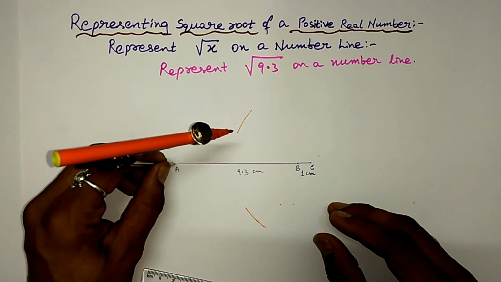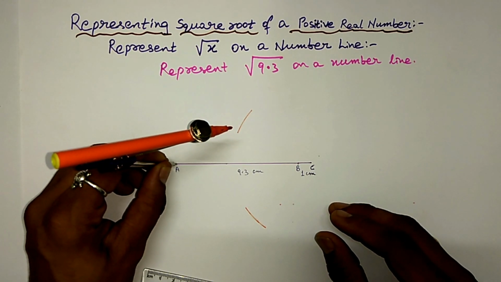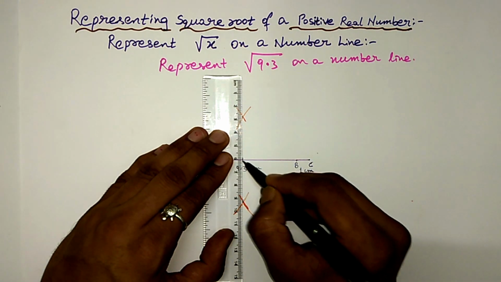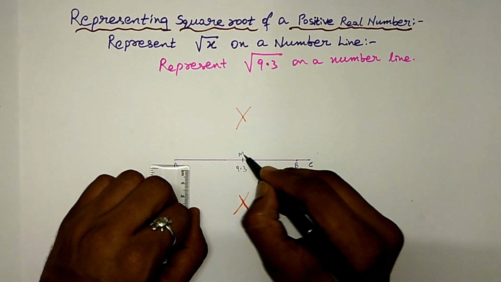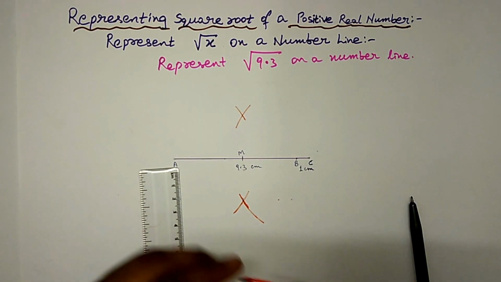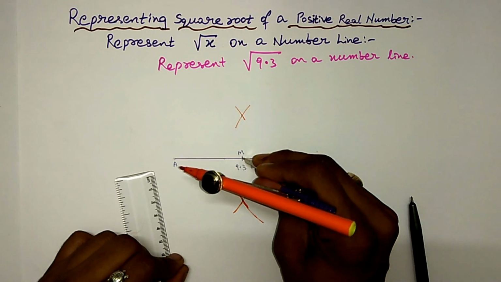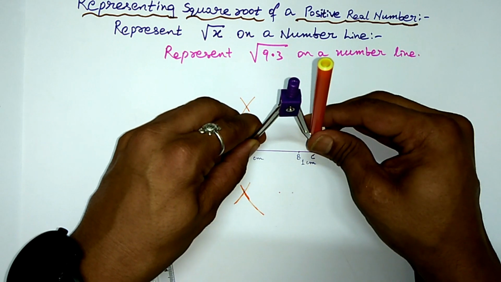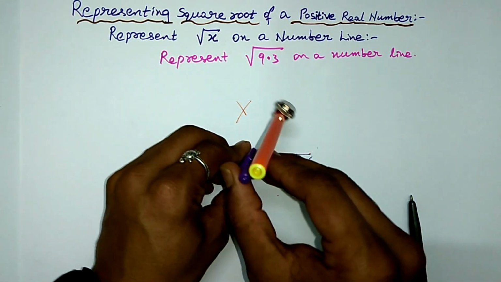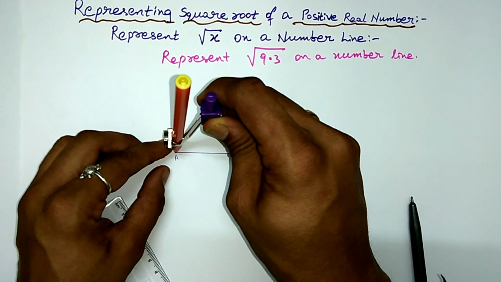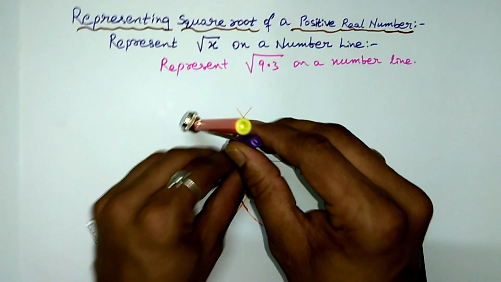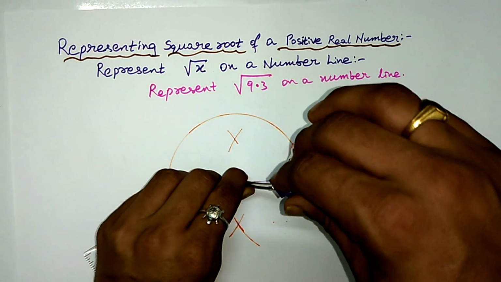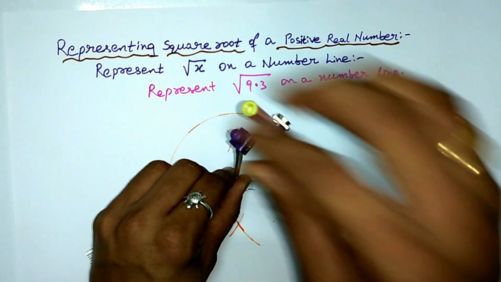Let us name that midpoint M. Taking M as the center, and either MA or MC as the radius of the compass, draw a semicircle.